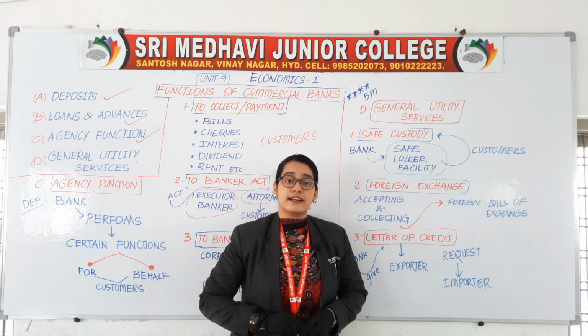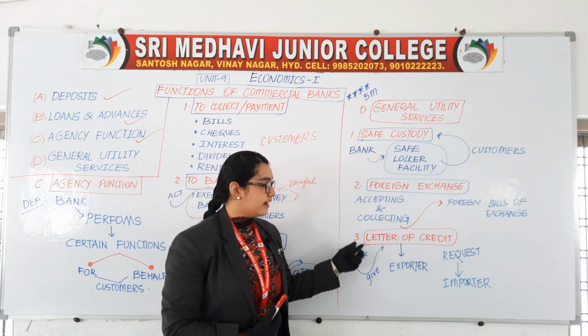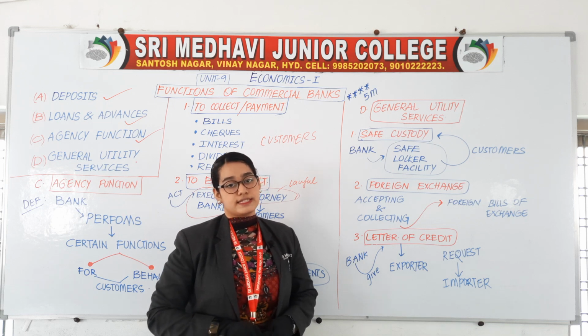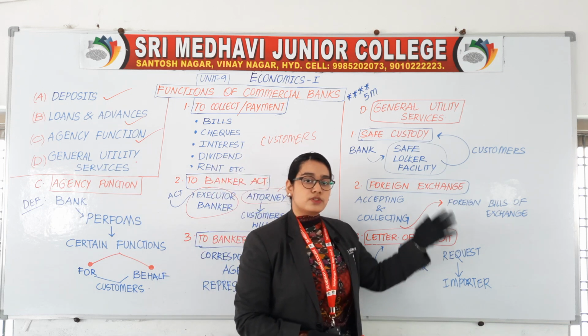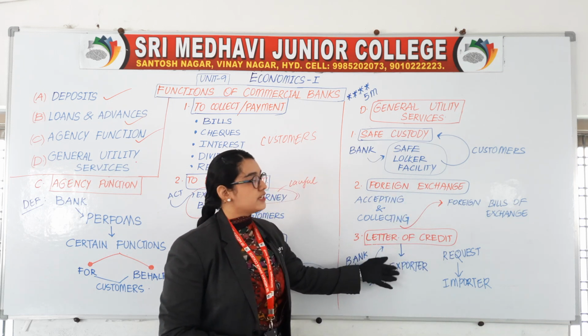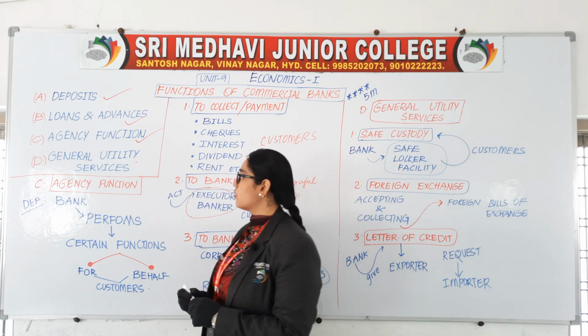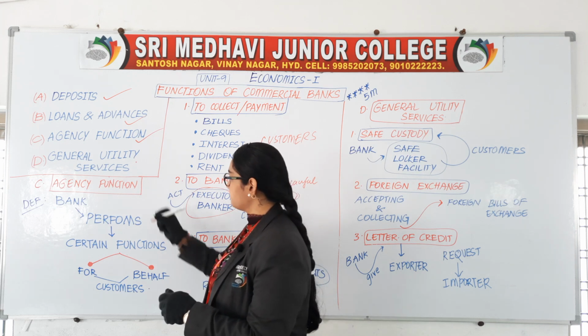So the importer will request the bank to give a letter of credit to the exporter. So the bank is doing a service for the importer, right? So this is the third general utility service of commercial bank. So this topic is also completed.